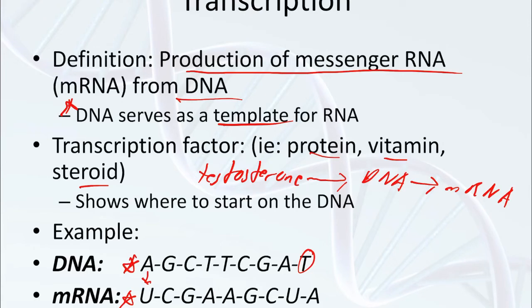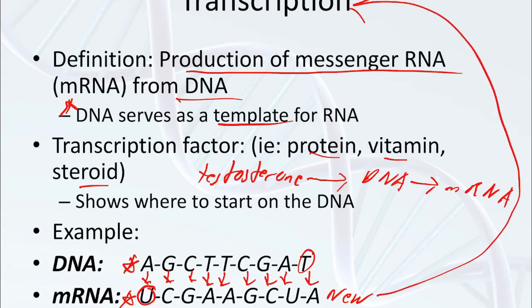So instead of A binding with T, like it would if it was DNA to DNA, A is going to bind with U. But everything else is just the same: G to C, C to G, T to A, T to A, C to G, G to C, A to U, and T to A. Okay, so this is our new messenger RNA strand that was just transcribed via transcription.